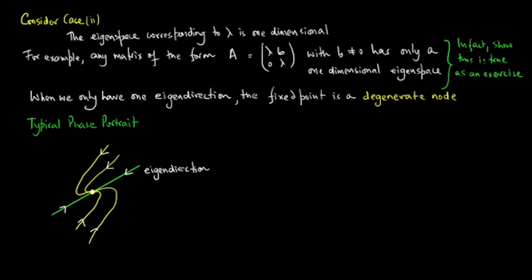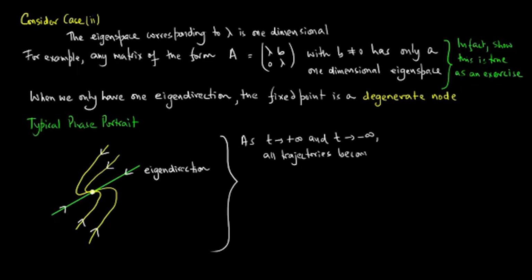And that completes the typical phase portrait. So as t tends to positive infinity and t tends to negative infinity, all the trajectories become parallel to the one eigendirection.